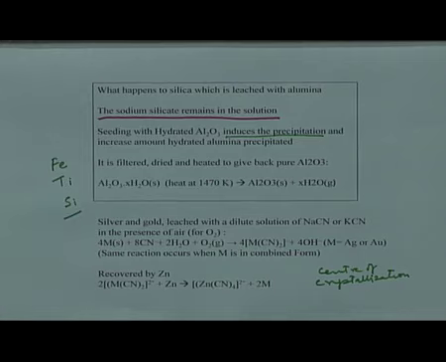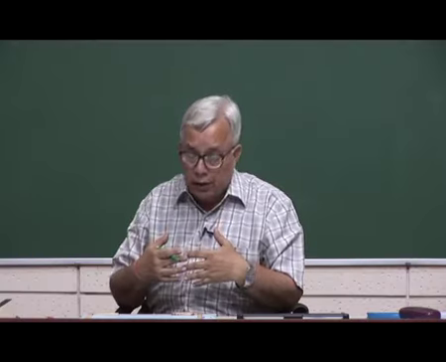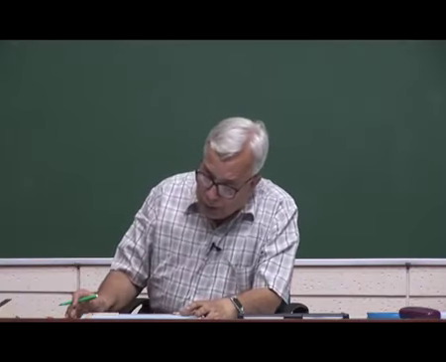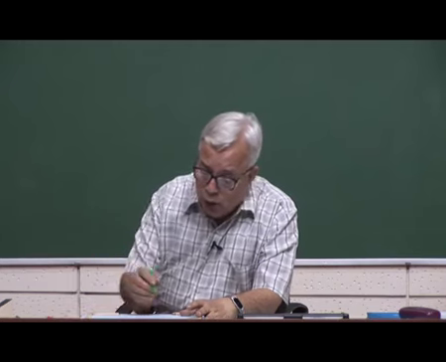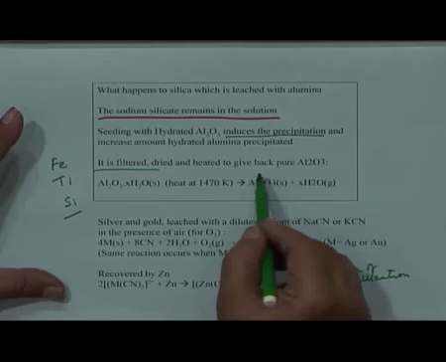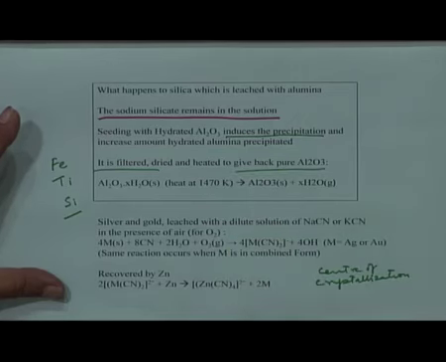So, more and more alumina crystallizes on this center, and the precipitation of alumina is accelerated. Then you can filter alumina and heat it to give back Al2O3 for your further conversion into aluminum metal.